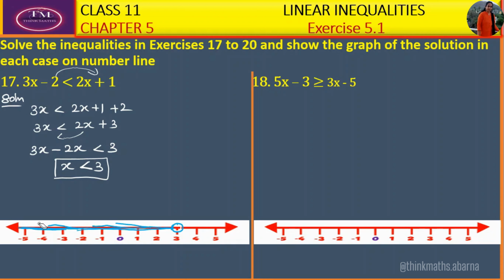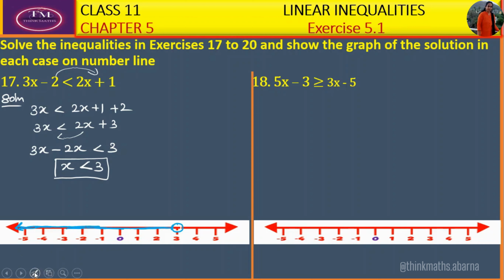So this is the way we should represent. I will draw neatly. Just a minute, children. So this is the way of representing on a number line. As we have this strict inequality, we should use just a circle. If we have a slack inequality, we can use a shaded circle.